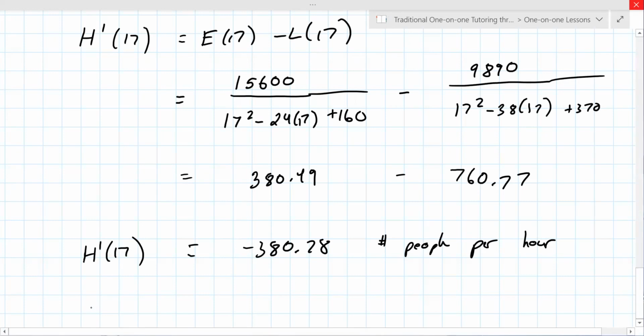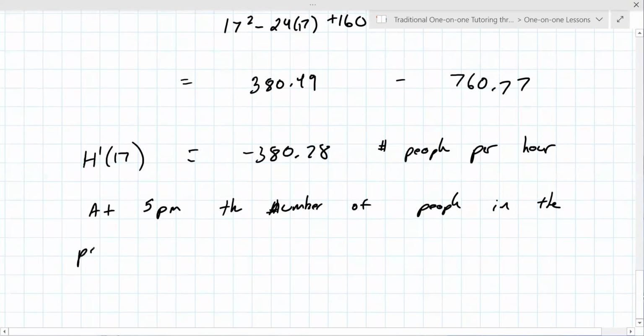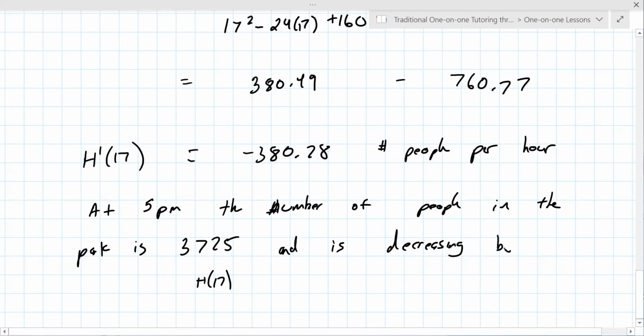So you would say at 5 p.m., that's 17, the number of people in the park is 3,725. That's the given value, that's the h of 17, and is decreasing because the derivative is negative, by 380 people per hour.